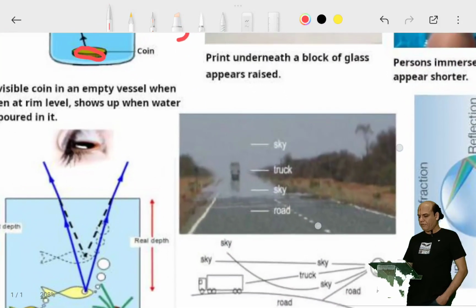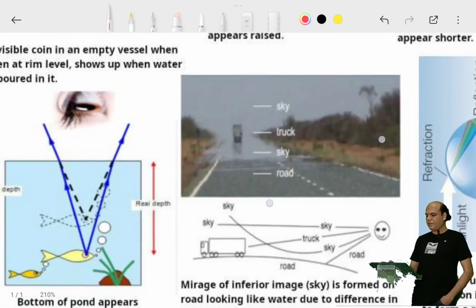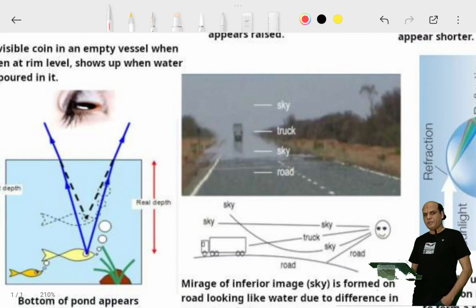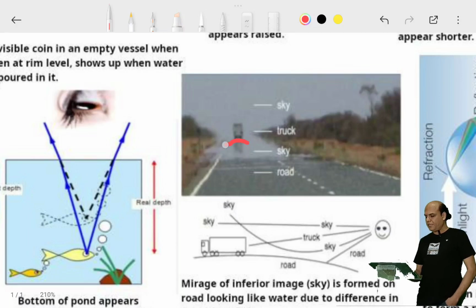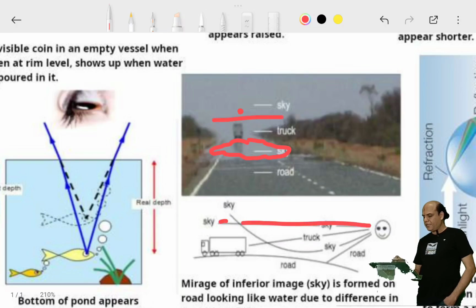Then when you are driving on the road, you must have seen, especially during hot summer afternoons, as if there is some pool of water. In fact, as the motor arrives closer to it, there won't be any water. This is called a mirage. Why is this formed? See, from this point, the light will reach the observer. So this is clear. Till here it is real. But some portion of the incident light gets bent like this.